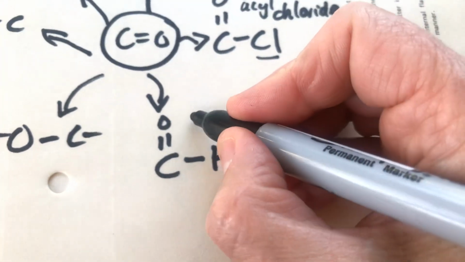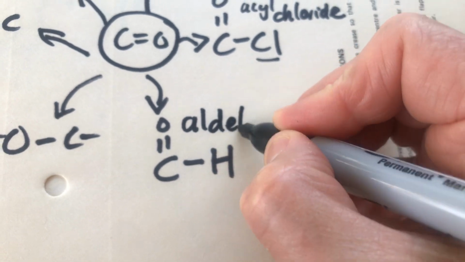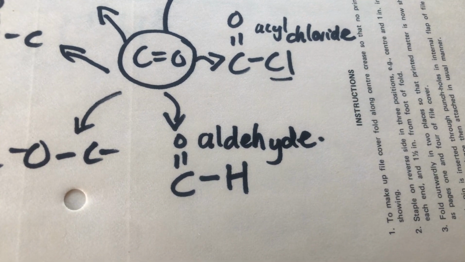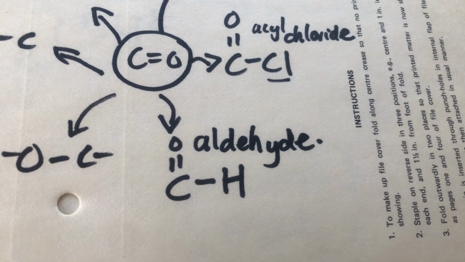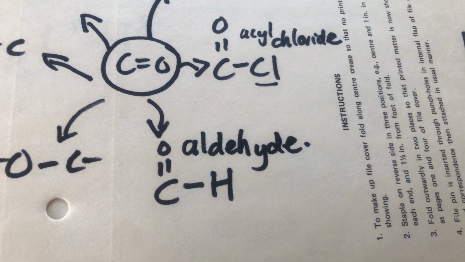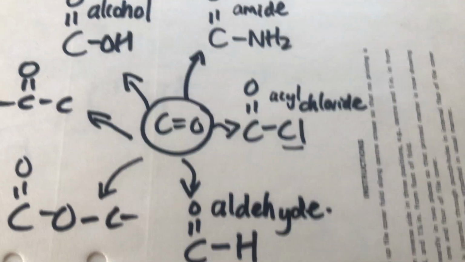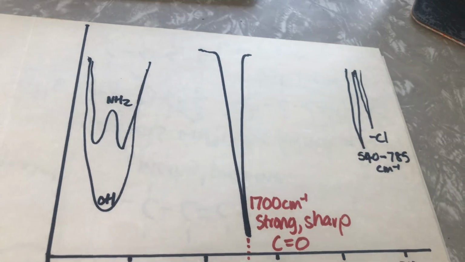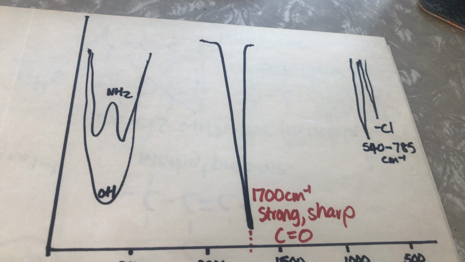Down here for the aldehyde, let's take a different tack and imagine what we wouldn't see if it was an aldehyde. We've started off with the presence of this very strong sharp peak.